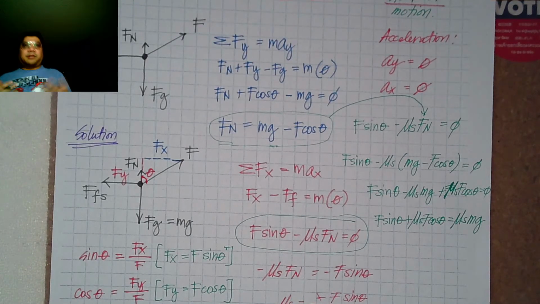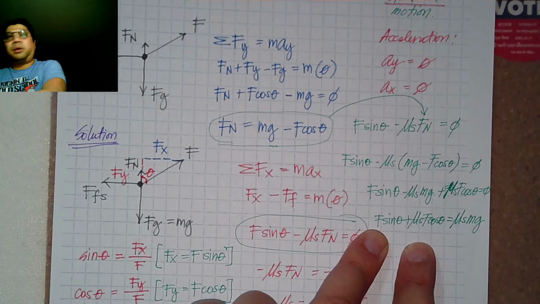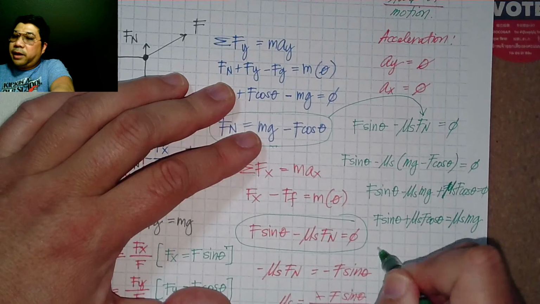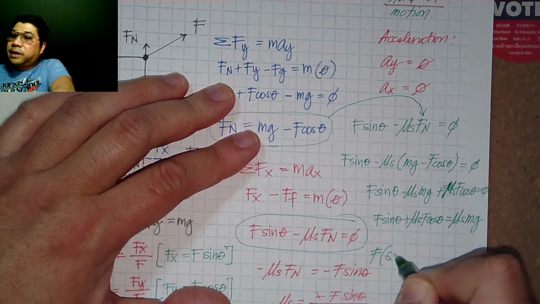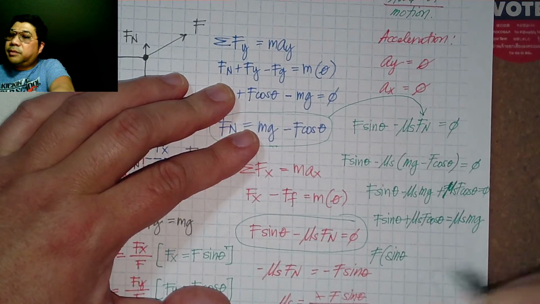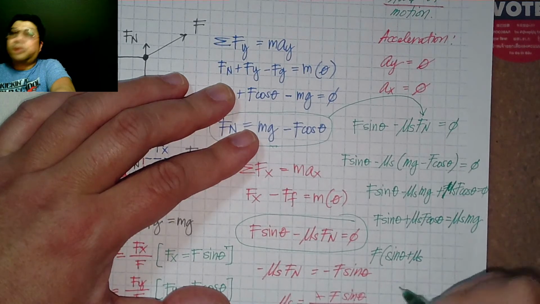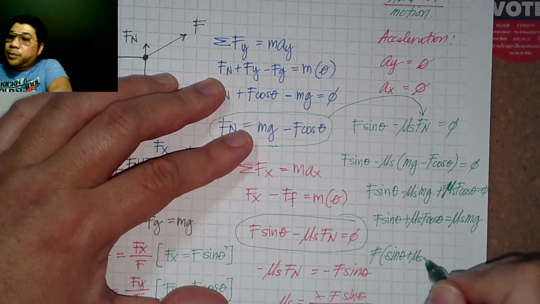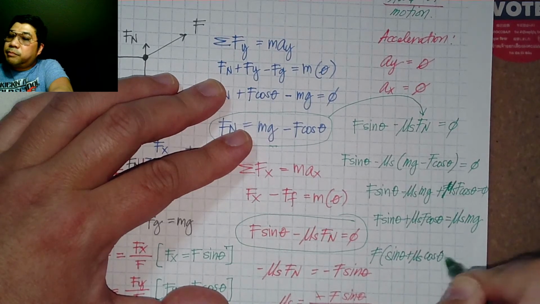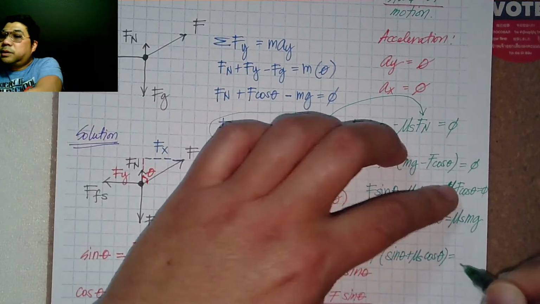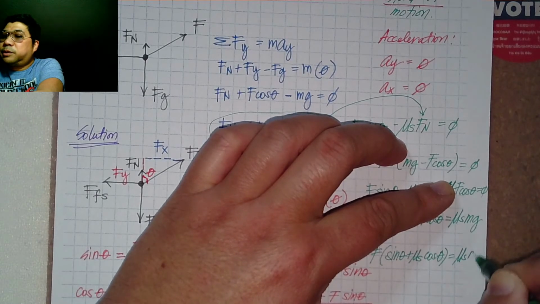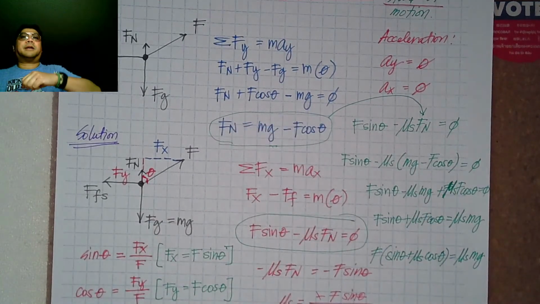Let's factor out F on one side. So we have F times sine theta plus mu s, or coefficient of static friction, cosine theta, equals the coefficient of static friction multiplied by mg.